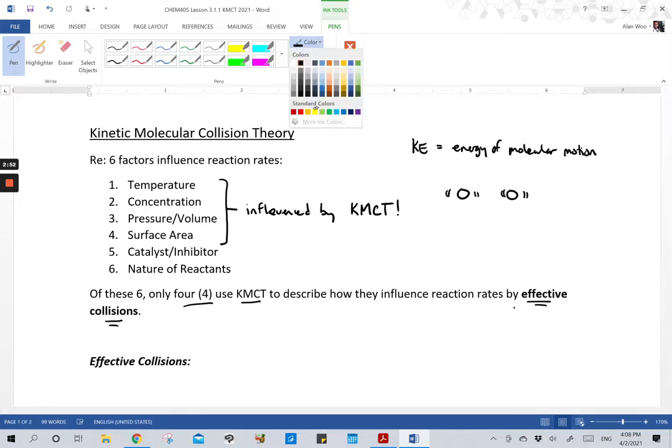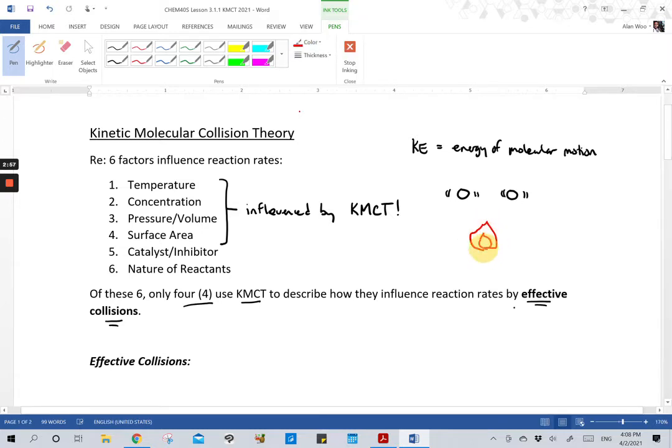So let's show it like this. The more heat they have, as an example, the more kinetic energy they have. The more kinetic energy they have, the more likely that these guys can move around and collide.